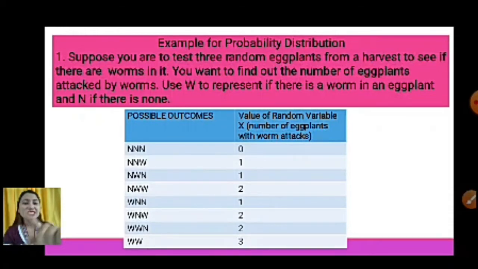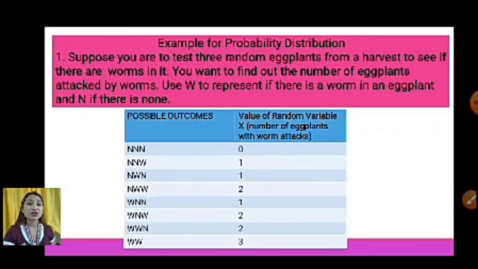Okay, so this is our representation. Possible outcomes. When we say NNN, it means no worm in any eggplant. So that is the first possible outcome. Do you observe that there are 3 letters?